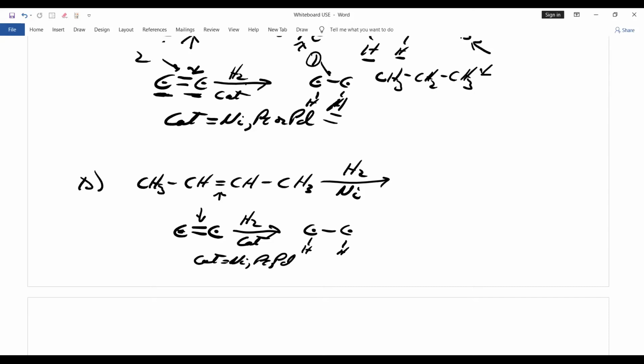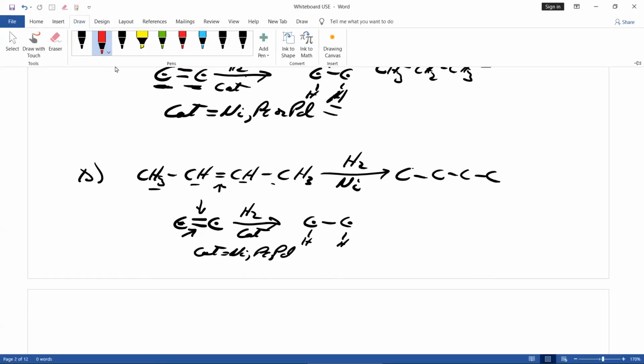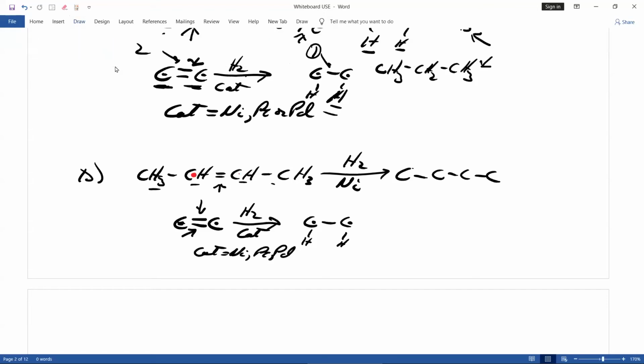Now, you don't break carbon-carbon single bonds. Don't forget, a double bond has a single called a sigma bond plus a pi bond, and that sigma you don't break, the other one you do. So I have 1, 2, 3, 4 carbons. I'm going to end up with 4 carbons. Which carbons? Oh, I'm going to go Technicolor on you. Which carbons were the carbons of the double bond in this molecule? These two.